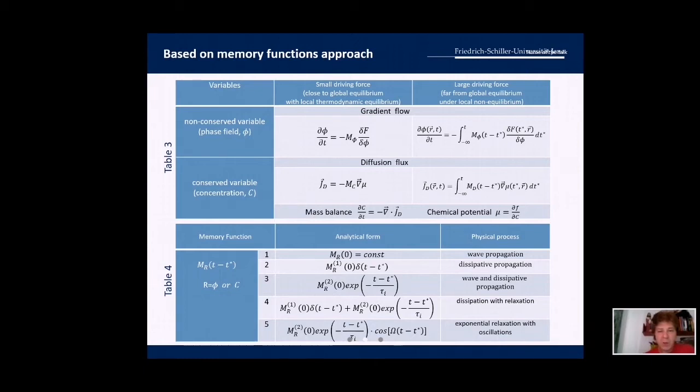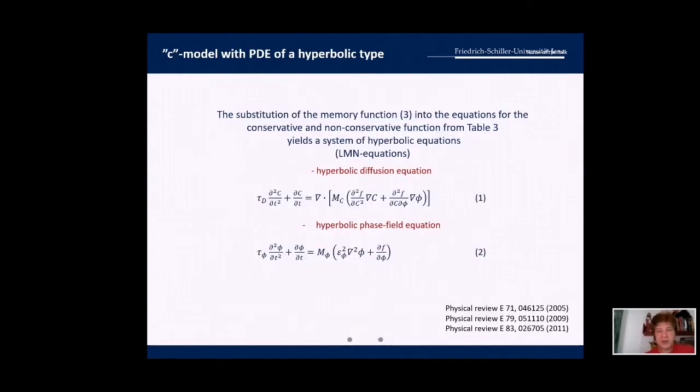Therefore, by this type of equation, wave and dissipative propagation, we can describe solute trapping. Normally, with this memory function, we can also describe disorder trapping, because disorder trapping has the same order of relaxation as the solute trapping.